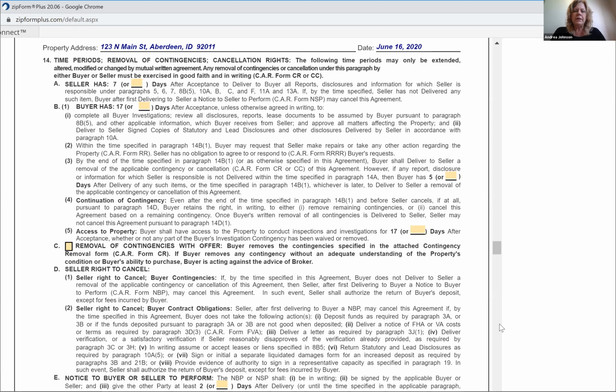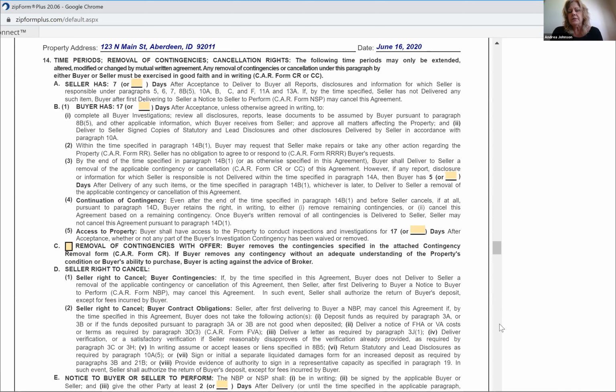Buyer then, by default, has 17 days after acceptance, and that's for buyer to complete all investigations, including the review of all of the disclosures, including any reports that have been provided to the buyer, like a pest report or natural hazard disclosure report.